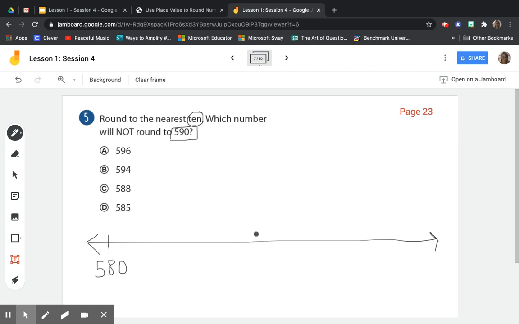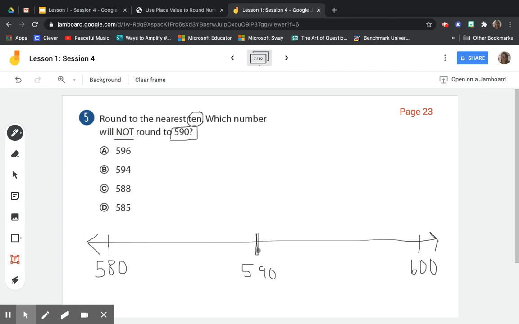So trying to trick me, like on that game you played. And then I have 590, and if I'm counting by tens, 580, 590, and then we would have 600. So we're gonna see where these numbers fall to see which ones will not round to 590.